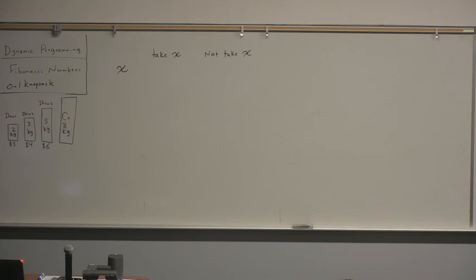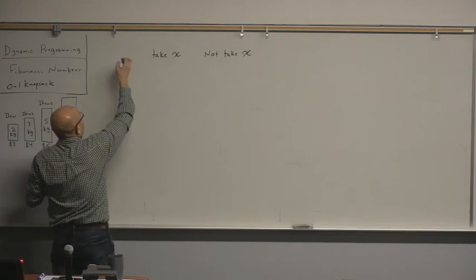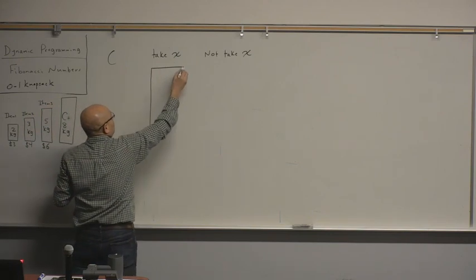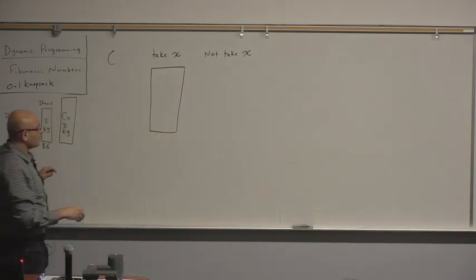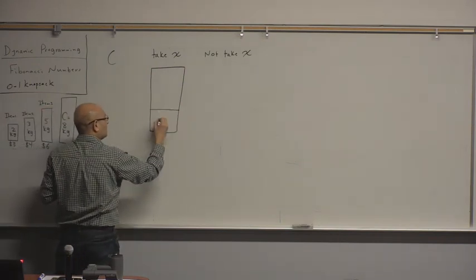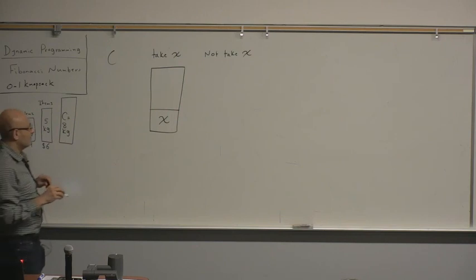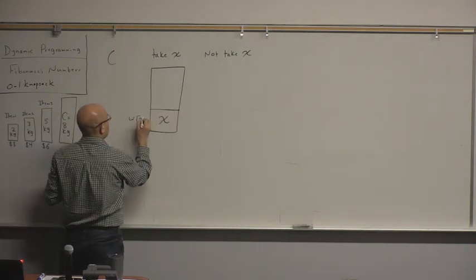How does this relate to smaller subproblems? Well, if I have a given capacity, C, if I take x, then this is x, and x has a certain weight, the weight of x.